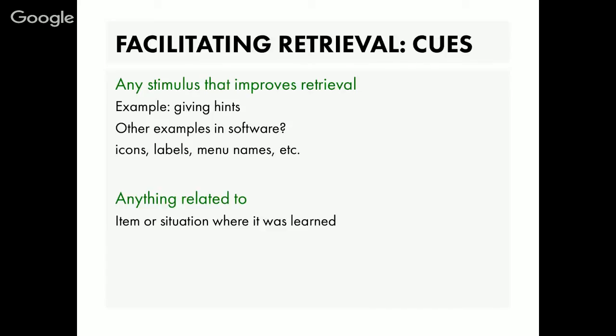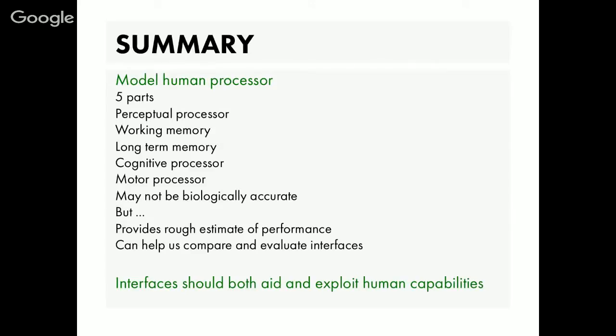And also this idea of situational. So we talked about how you often need to bring in other parts of context to remember something from long-term memory. All right, so the summary for this part of this human model processor is it's roughly 5 parts. We walked through them. There's a perceptual processor. We talked about working memory, long-term memory. We talked about the cognitive processor and how that's the part that actually does the computation. These all take some non-zero amount of time.